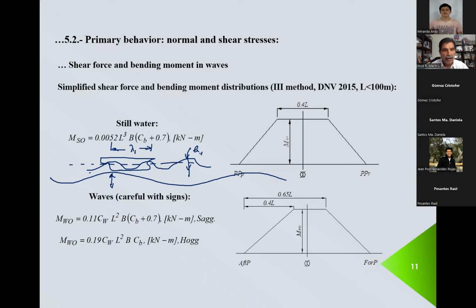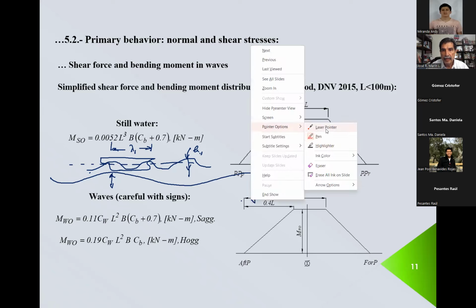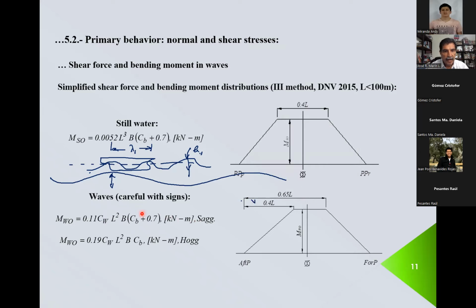Now, once you have calculated MW0, you have to do something similar to the distribution of the still water bending moment. So these values, you apply them in this area. And then from this point until the aft end and from this point to the forward end, we just join with straight lines.